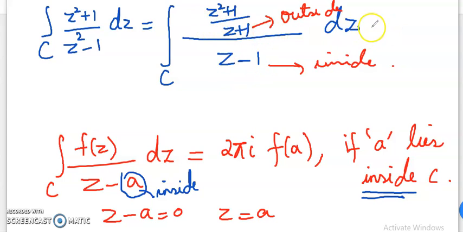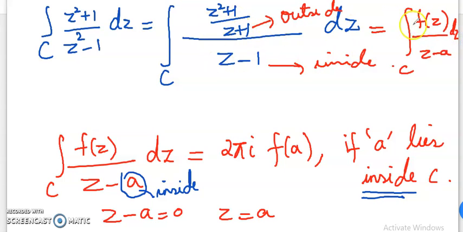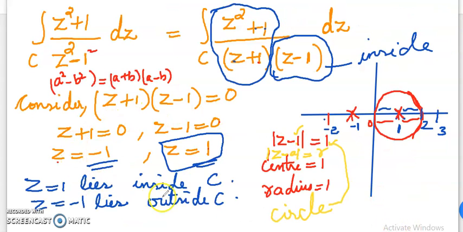Now this is of the form, what is the form? Integral over C f of z by z minus a dz form. So whenever you come across a problem where one of the points lies inside and one of the points lies outside, you should follow this method.